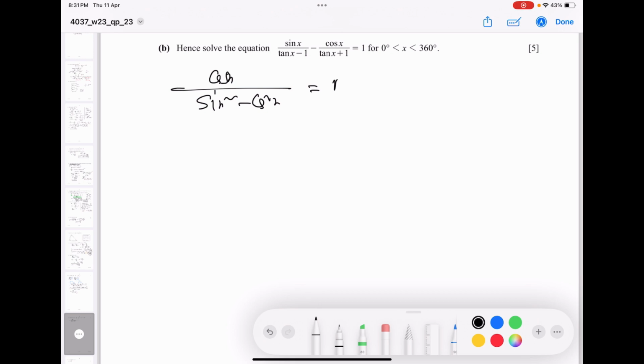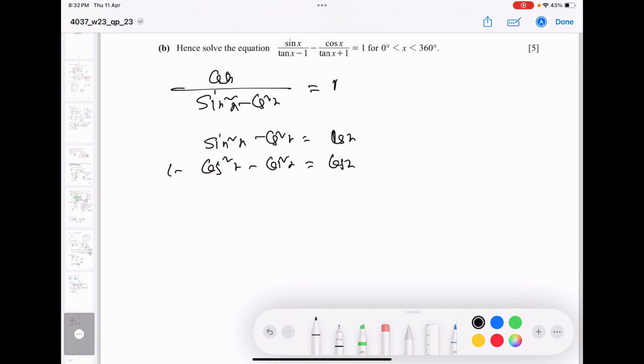Okay, let me do cross multiplication. Sin square x, minus equals to cos x. Sin x is changed, we can write for sin square x, cos square x minus 1, 1 minus cos square x, minus cos square x cos x.